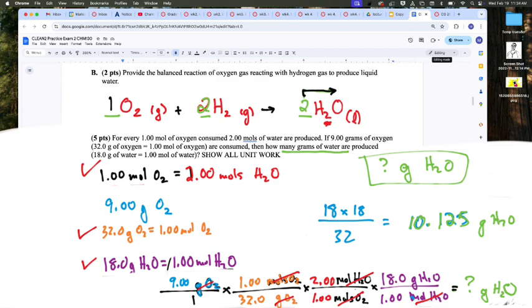So we could go back and look at all of our numbers that were given to us and see how many significant figures were used. We didn't do any addition or subtraction, so we don't have to worry about those rules. All we have to worry about are the rules of multiplication and division. And we go through and look at all of our numbers. How many sig figs were we given? 3, which means our answer is 10.1, and I dropped the 2.5.